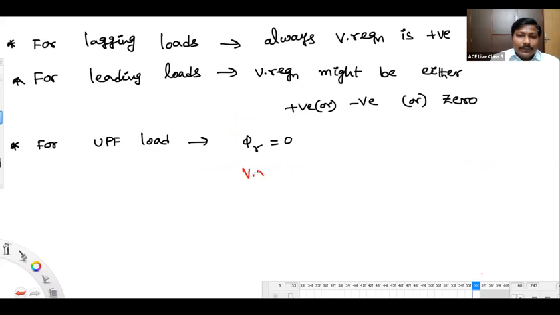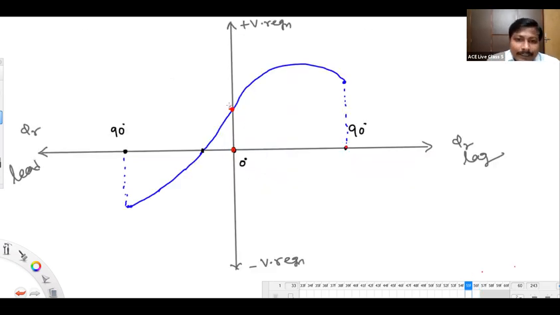It is percentage resistance. So I can say this value was percentage R. Next thing.